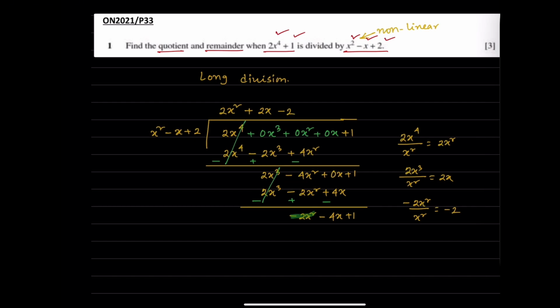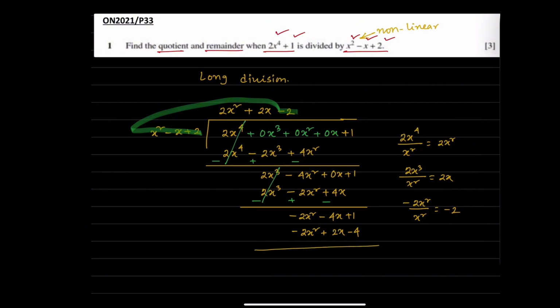Then you can multiply. Now we need to multiply this minus 2 with the whole divisor. And then we get minus 2 times x square is minus 2x squared. Minus 2 times minus x is plus 2x. Minus 2 times plus 2 is minus 4.